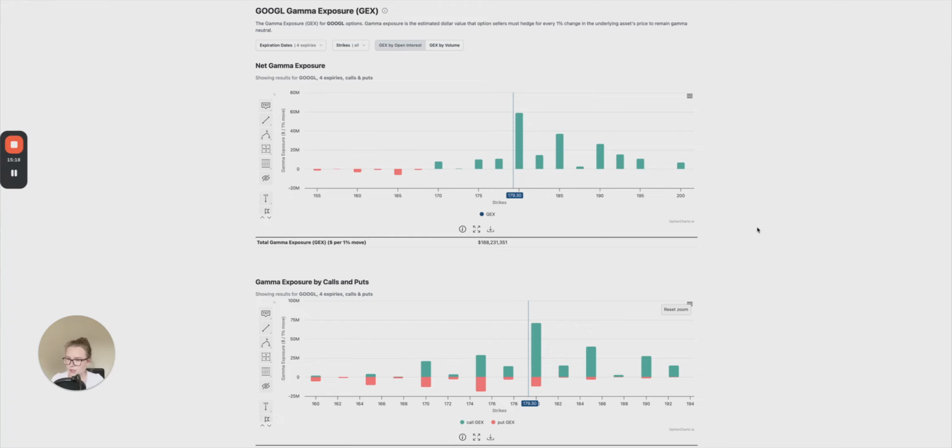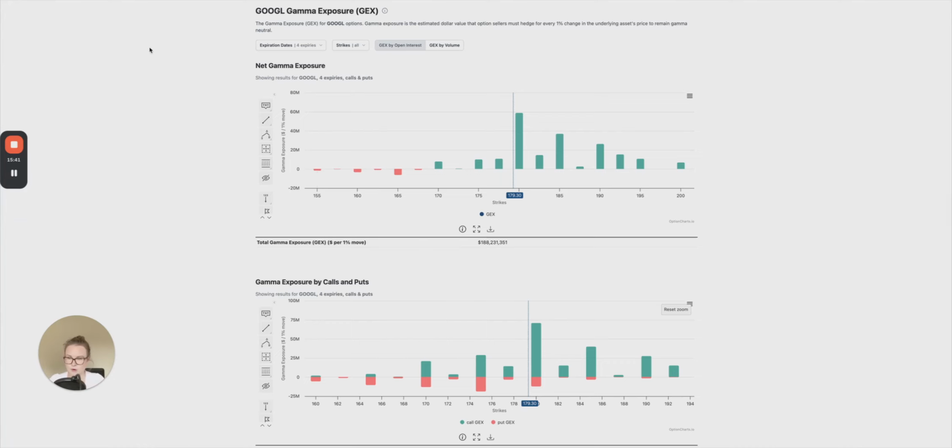The hedging is going to happen around 180, but once we get to 180-ish, dealers are going to be fully hedged and the buying pressure disappears. And that's when price often stalls or reverses. Now, I am oversimplifying this slightly for the purpose of this video. That is a roundabout explanation of what's going on.